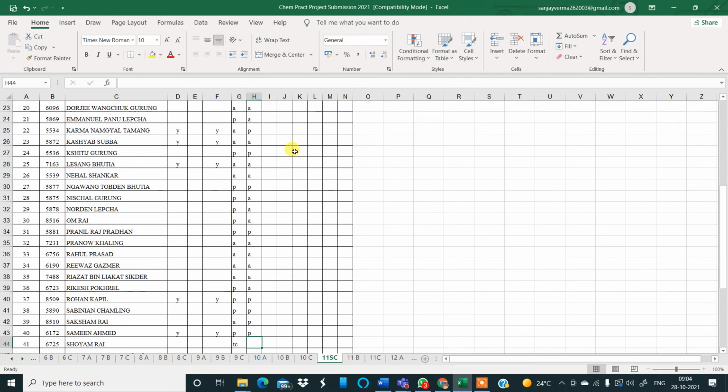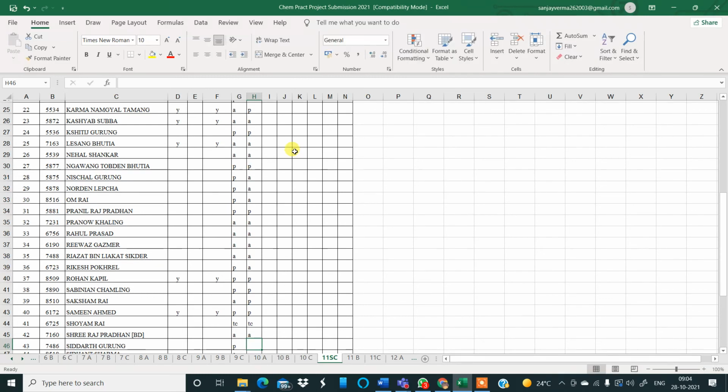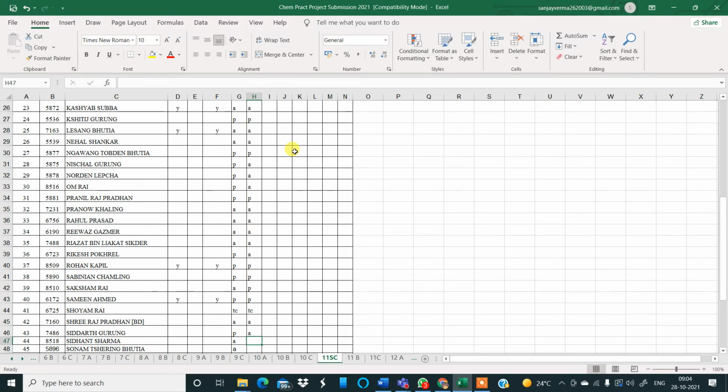Shoyam Rai, TC. Sriraj Pradhan, absent. Siddharth Gurung, absent. Present, sir. Siddharth Gurung, present. Okay. Siddhant Sharma, present, sir.